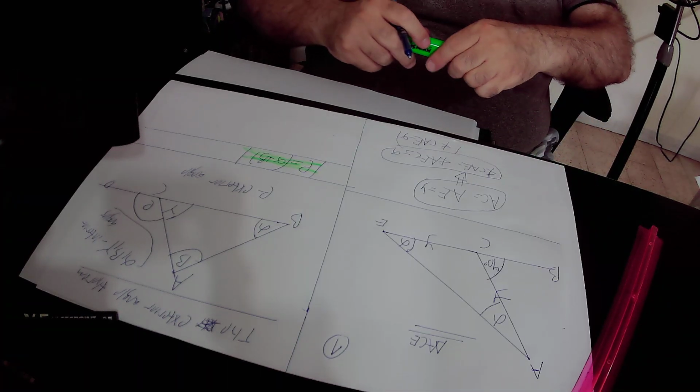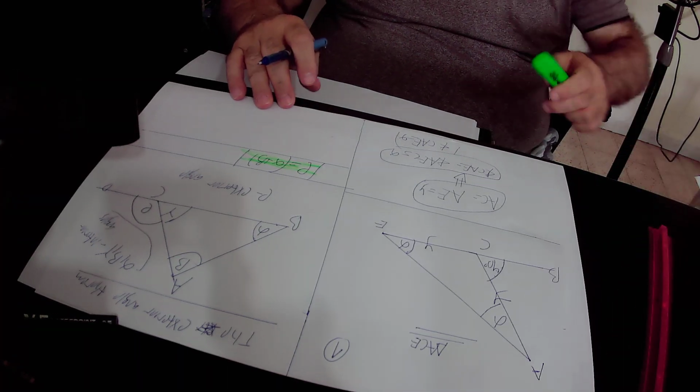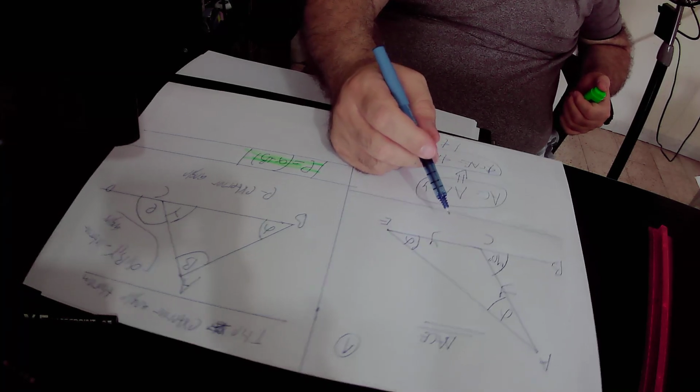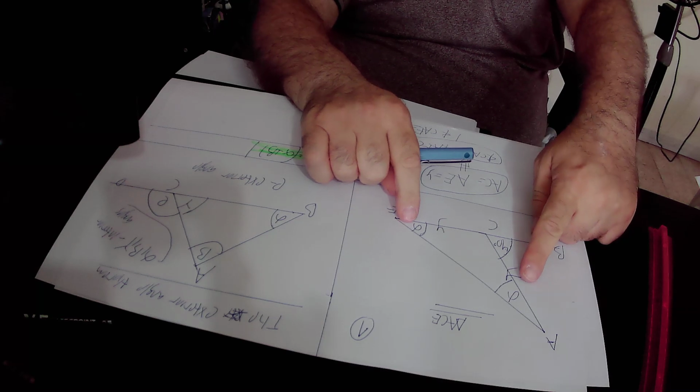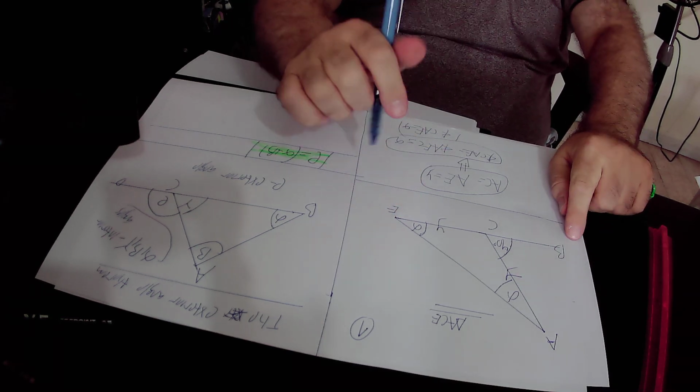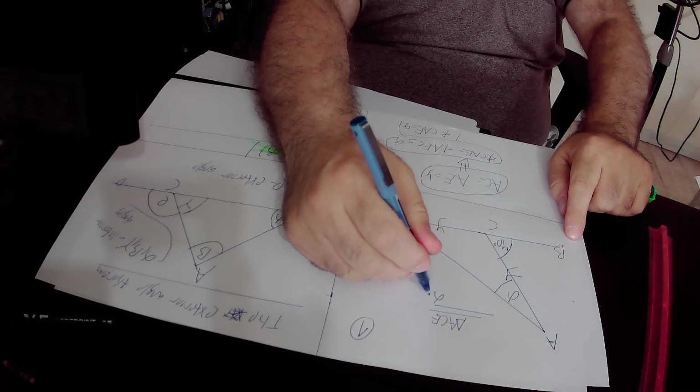Now we will implement the exterior angle theorem in our triangle ACE. Those two angles are located inside triangle ACE, therefore they will be defined as interior angles.